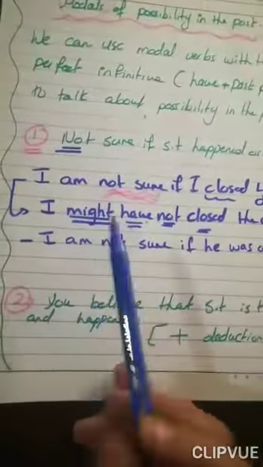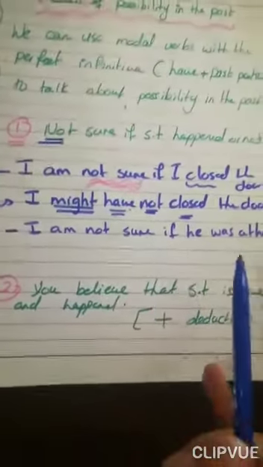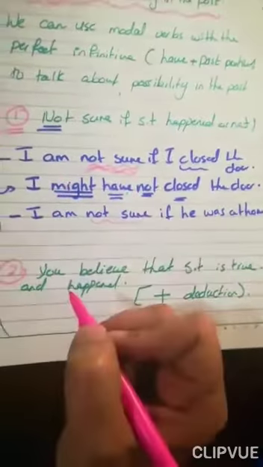Let's read the second example: I am not sure if he was at home. Remember, I have to find clues in the sentence. Not sure, then definitely I'm going to use might or could.